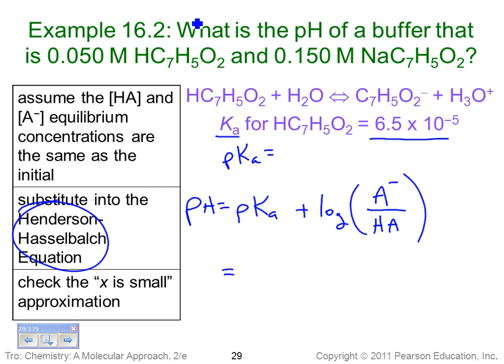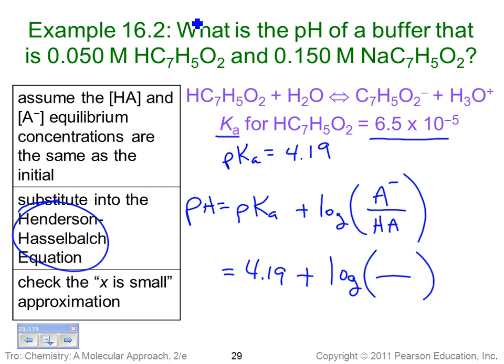Put that value in. Negative log, what is it? 4.19. There's nothing on the other side of the 9, so it's going to round up. Okay, so 4.19 plus the log of the anion's concentration over the acid's.